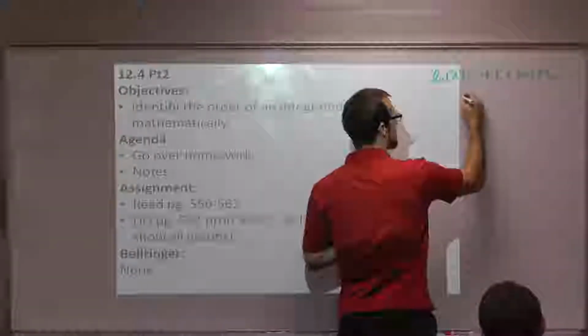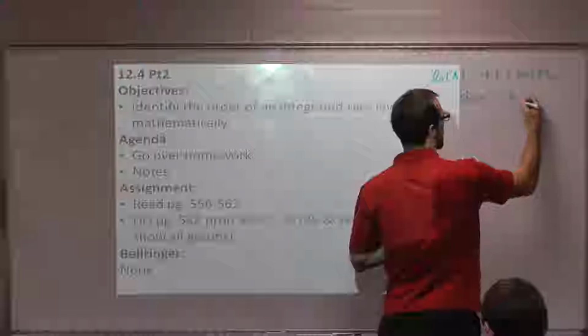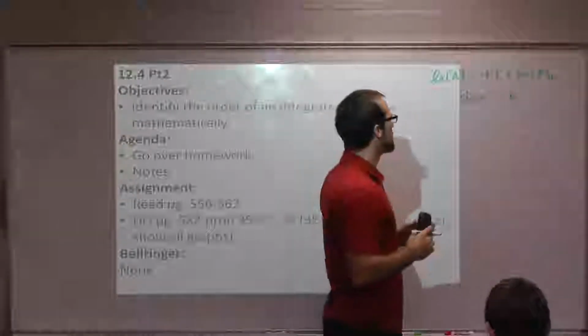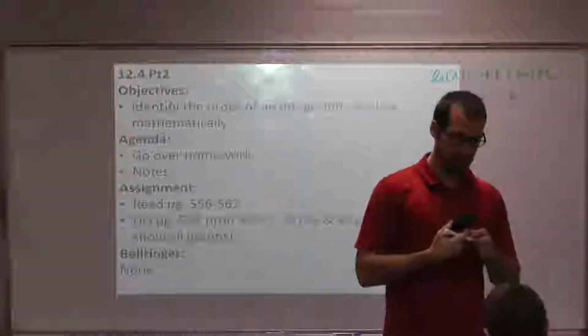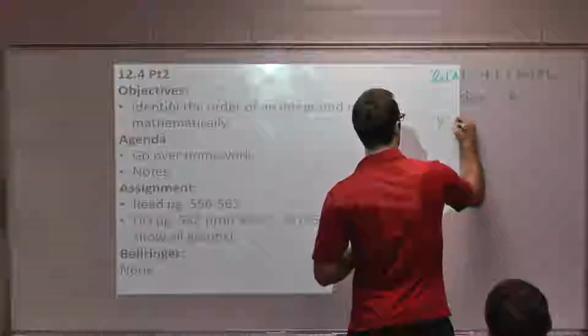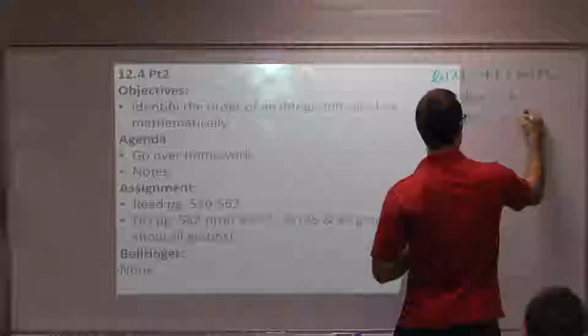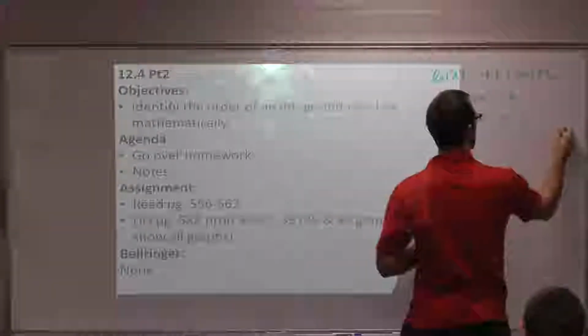And we said our slope was equal to negative k. We said our y was ln of A, and our x was time. So your y was ln of A, and your x was time.